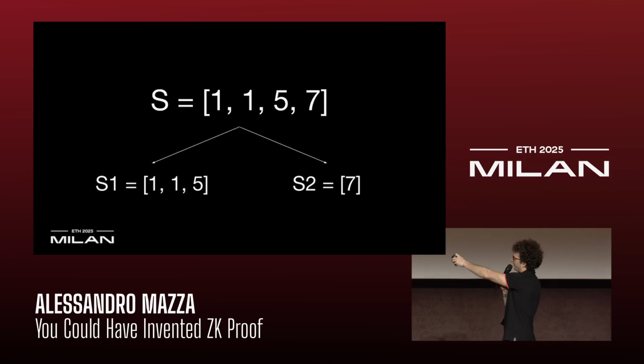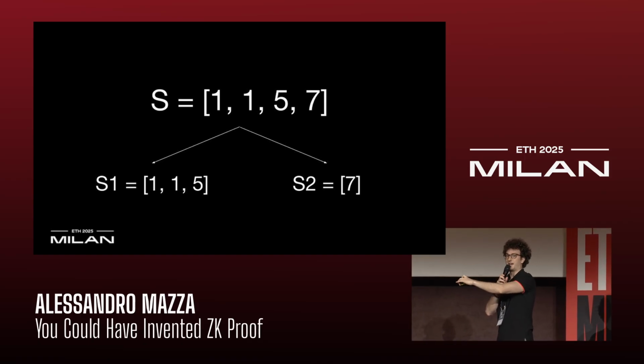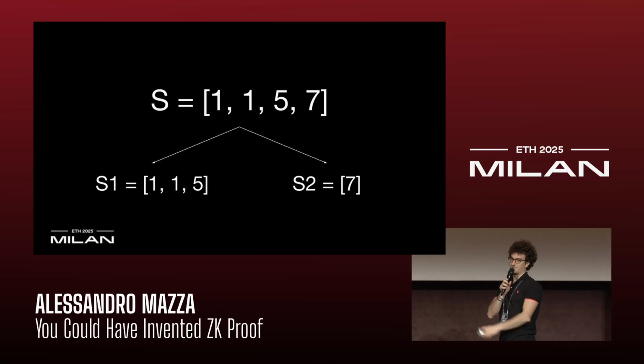In this example, 1 plus 1 plus 5 equals 7. So S1 and S2 in this example satisfy the constraints, and so they are the solution for the partition problem given the initial list S.